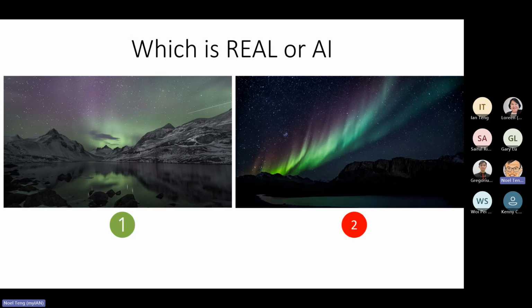Anyone else? One is real. Okay, so it's 2 for 1, 2 for 2. Anyone else? Last call. Okay, the answer is 2. Not bad. There's an even split, 50-50.